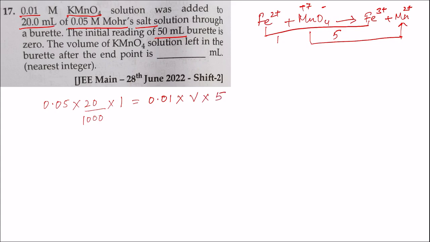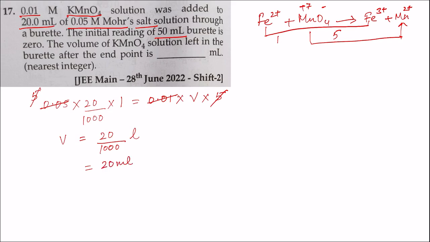Now solving this equation, 0.01 and 0.05 cancel, 0.01 fives are 0.05, and then 5 gets cancelled. So volume is equal to 20 by 1000 liter, or in milliliter the volume will be 20 milliliter.